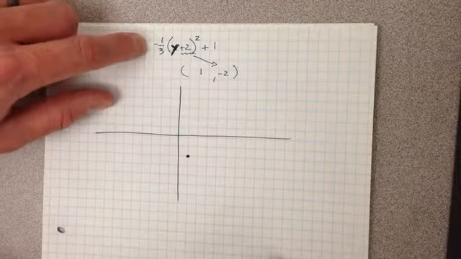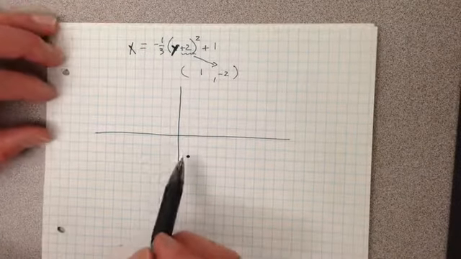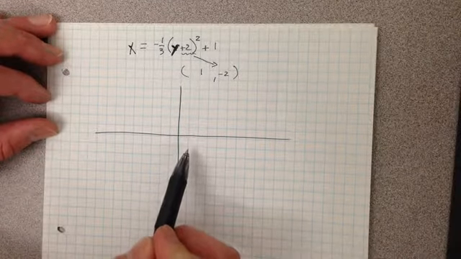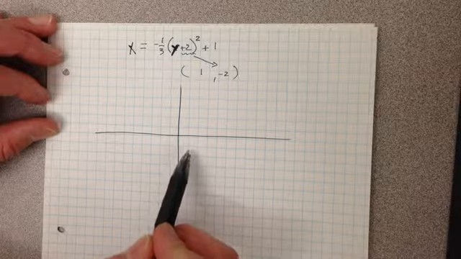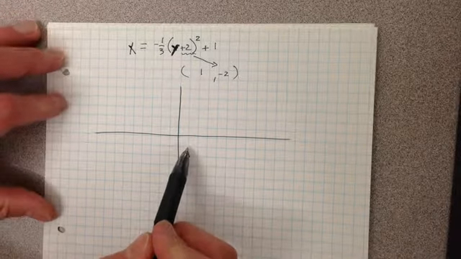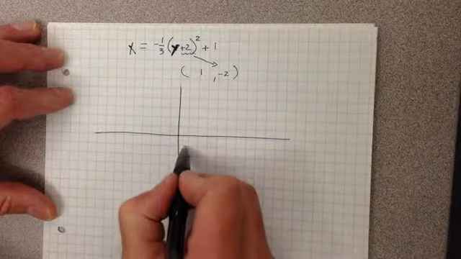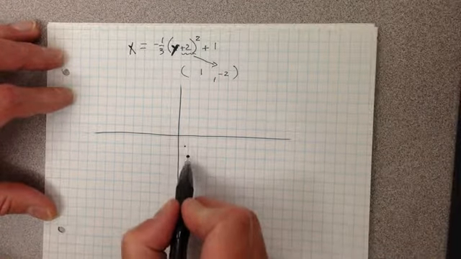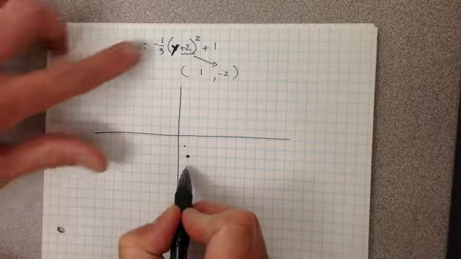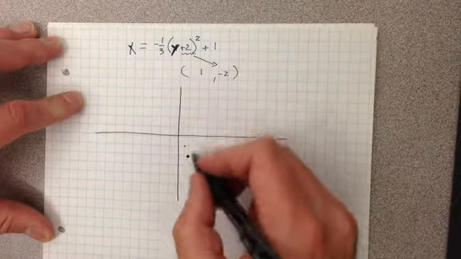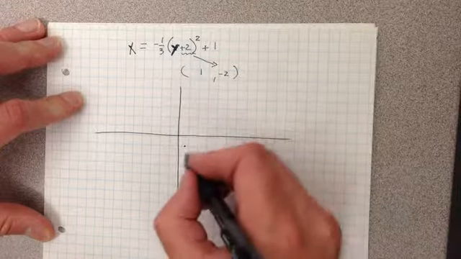I have an a value of negative 1/3, so my parabola will be opening this way. If I slide over 1 unit, then I apply my a value that tells me my up or my down, and I know that doesn't make sense, but things are rotated here, so I'm going to jump up 1/3. I'm going to slide down 1, and then my a value tells me my up or my down, which is really 1/3. That will be a much wider parabola than what we just did.